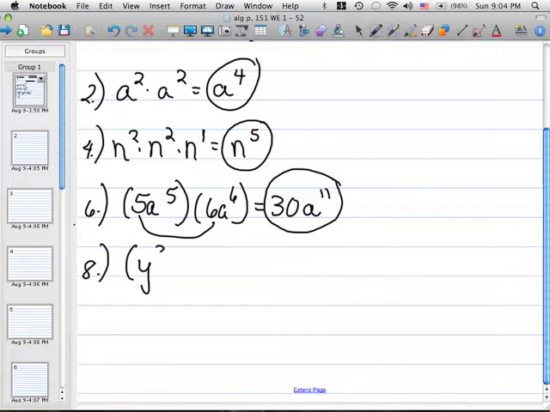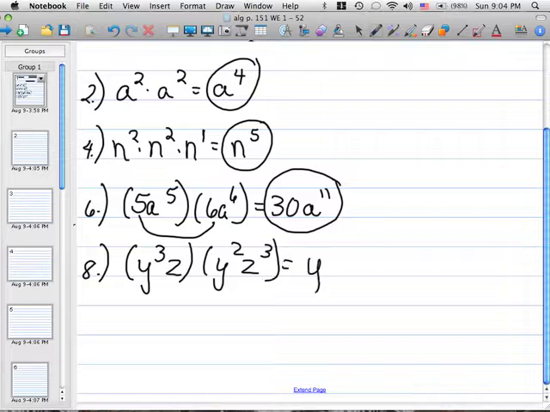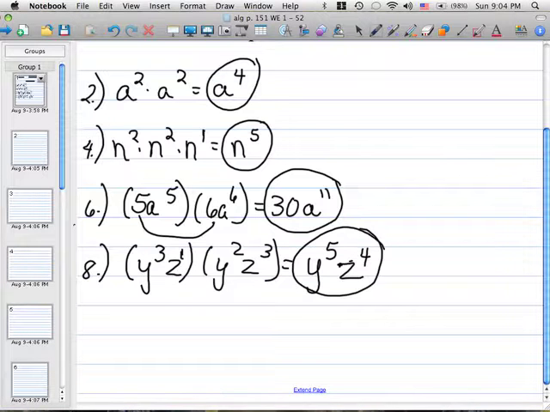Problem 8, y cubed z times y squared z cubed. Multiplying the y's together first, there's 5 y's, 3 plus 2. And the z's, 1 here and 3 here, that's z to the 4th.